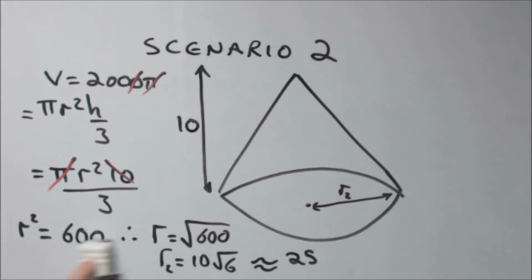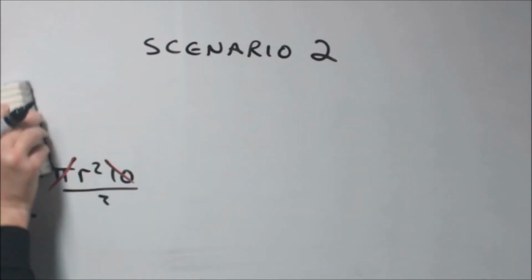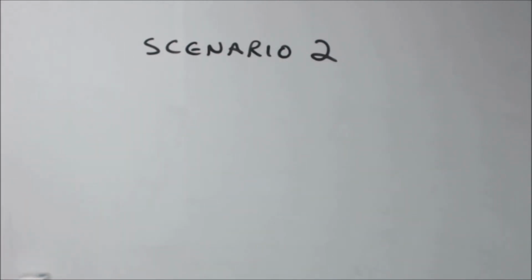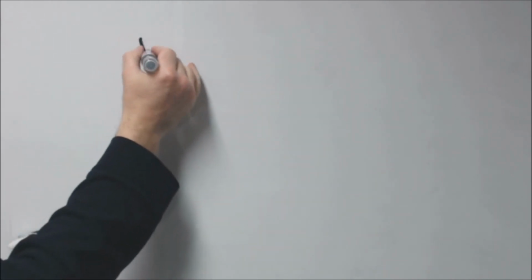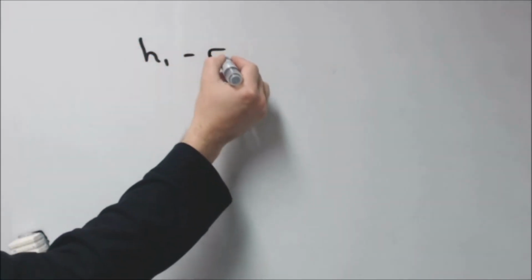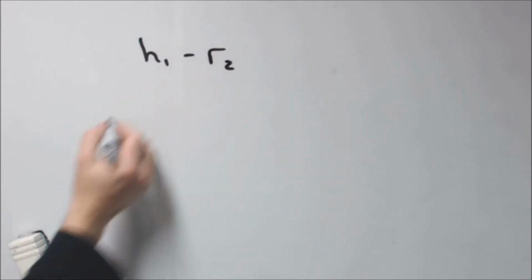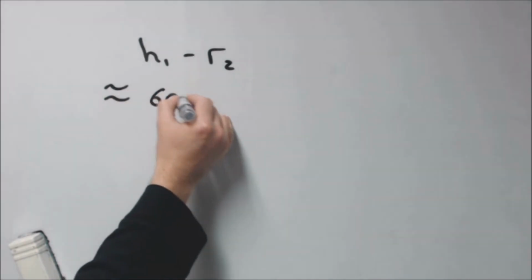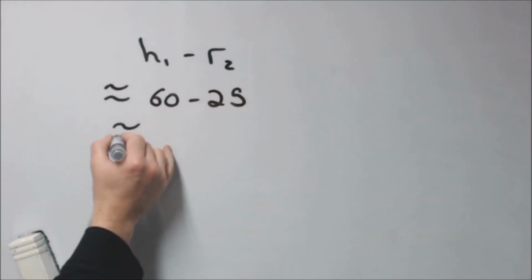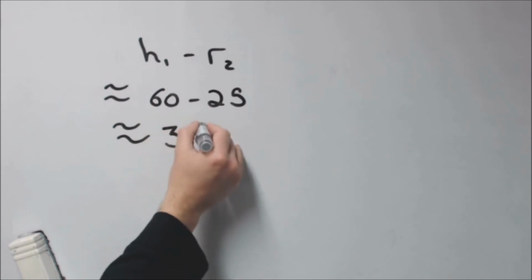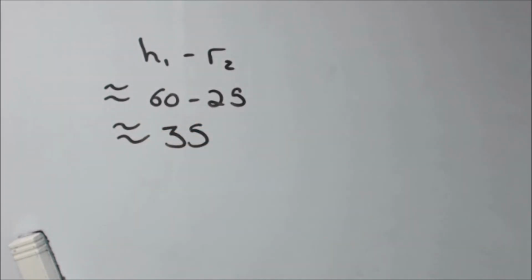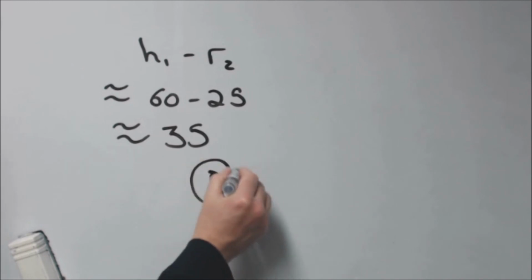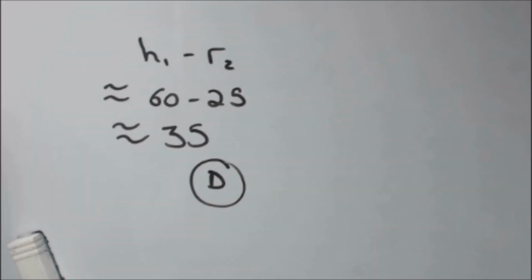The final step of this question, and this is why it's a higher scoring question, because there are so many steps, is very simply to go back and see that the question asks us for the difference between the height from the first scenario and the radius in the second scenario. So in other words, h1 minus R2, and it's an approximation question, so it's 60 minus 25, the 25 being approximate, so the answer is approximately 35. There you go. That last part, of course, be careful not to make any silly mistakes. Look at all the answer choices, choose D, and move on.